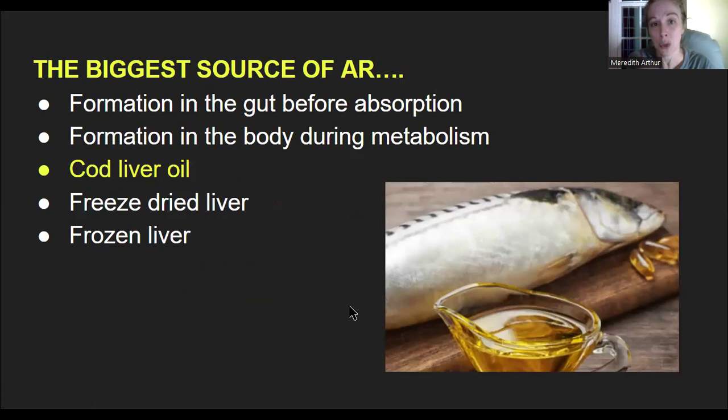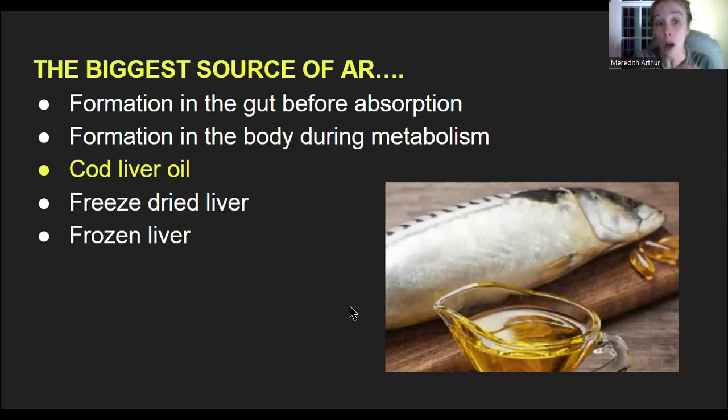I think the biggest sources of this, though, are formation in the gut before absorption because of dysbiosis. If you have aspergillus or candida or other fungal issues, fungus like to make alcohol, and alcohol plus an acid such as hydrochloric acid or acetic acid, at human body temperature makes anhydroretinol.